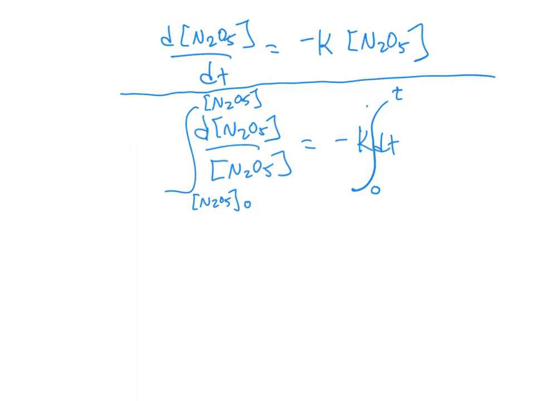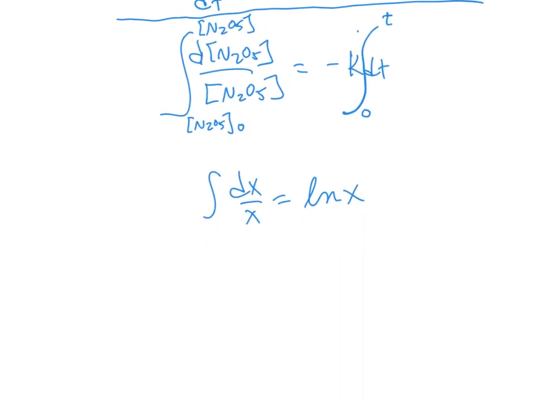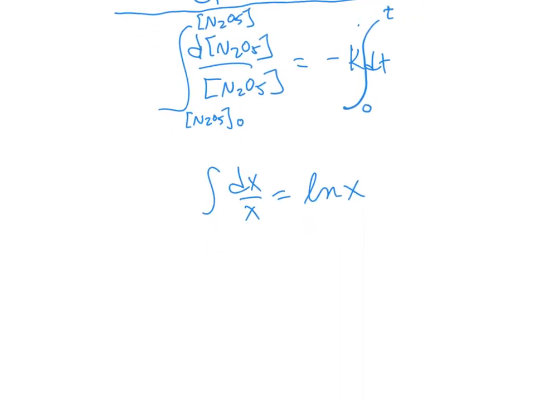You may remember the integral of dx over x is equal to the natural log of x. So we'll use that form on the left-hand side. The integral of d[N2O5] divided by [N2O5] will be equal to the natural log. Put that in a box. That's just one of the laws that we use.